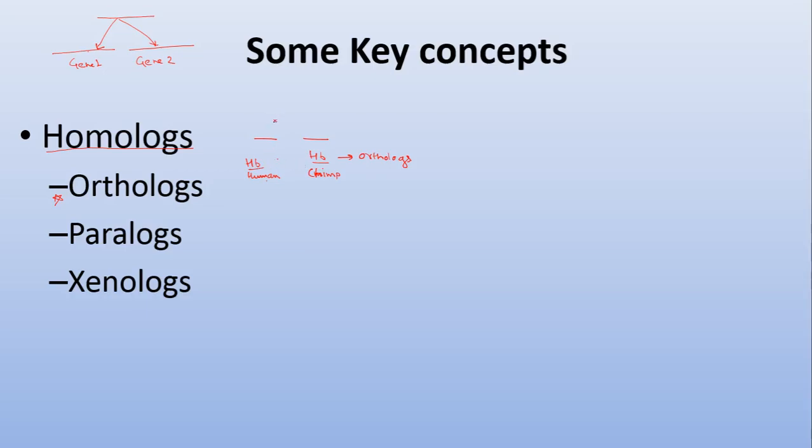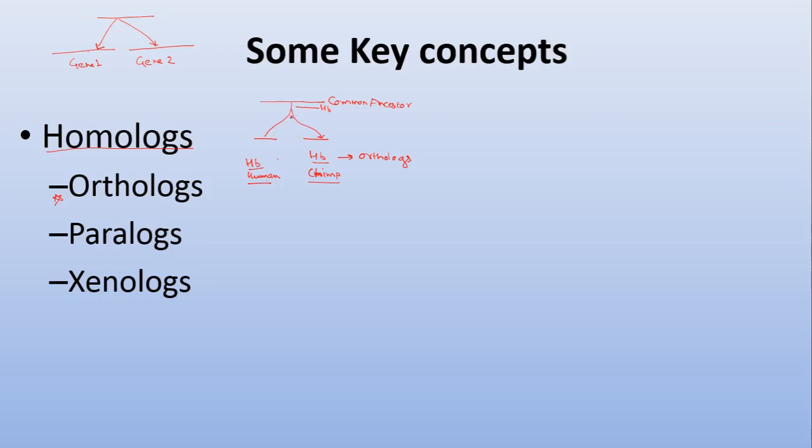Such orthologs are the product of genetic events, or you can say evolutionary events, like speciation. Say a long time ago, we had a common ancestor of human and chimpanzee, and this common ancestor also had this hemoglobin gene.